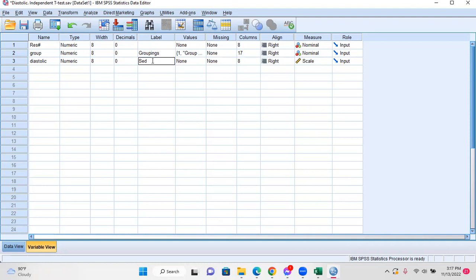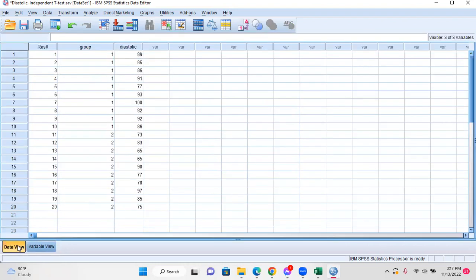Tapos, exercise or not, pwede tayong maglagay ng label. So, ito ang interface ng SPSS. So, do you follow? Yes, ma'am. Okay. So, now, let's go to the test of normality.